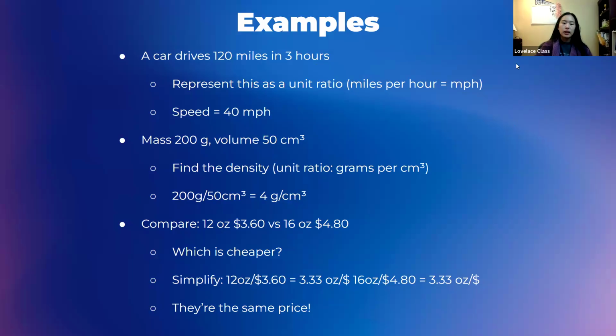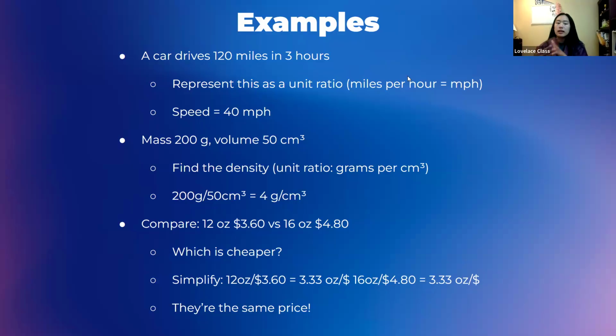We want the denominator to be 1. 3 is our denominator because it comes last, since it's miles per hour. Whatever comes second is normally your denominator. So we divide the numerator and the denominator by 3, treating it as a fraction, 120 over 3. So that means 40 miles per 1 hour.